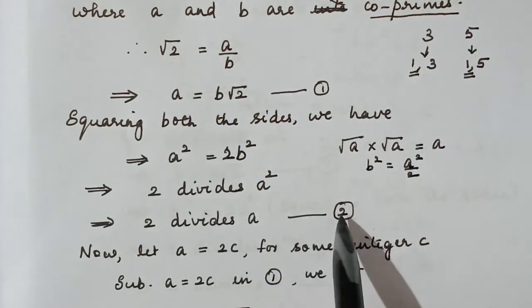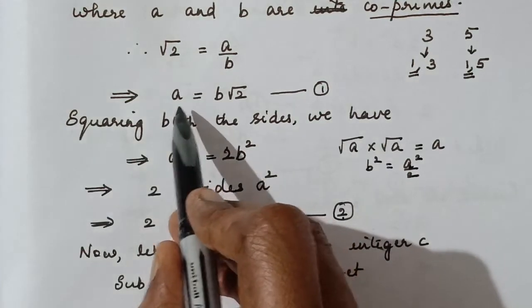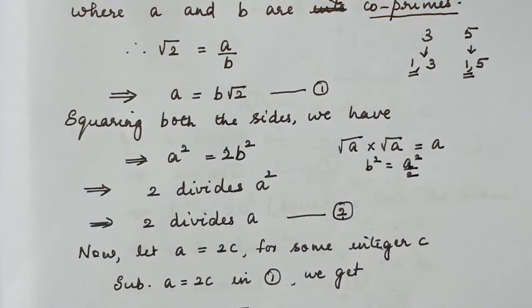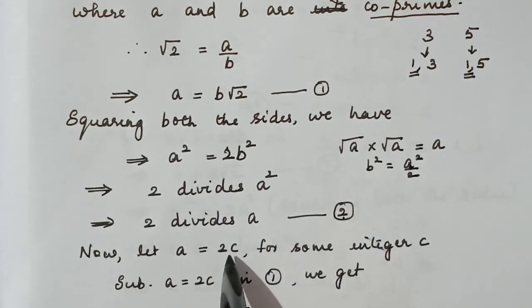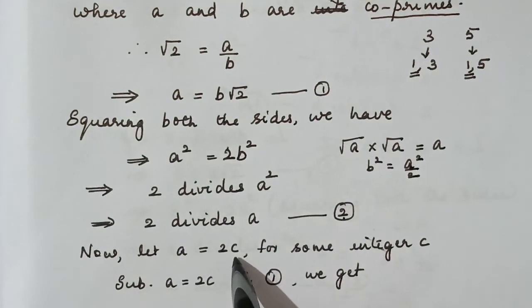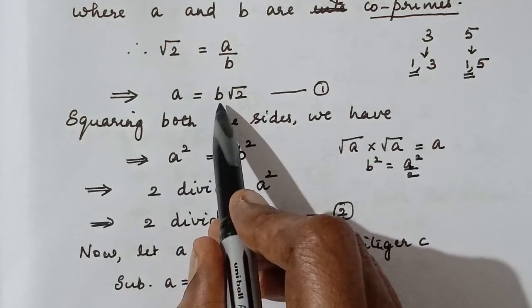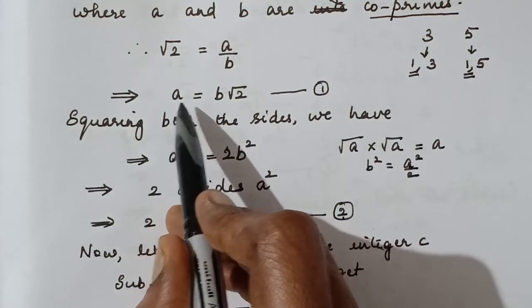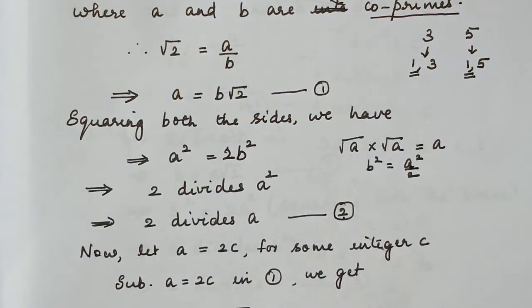Now we are taking this as second equation, and a equal to b root 2 we are taking as first equation. Now after that, let a equal to 2c for some integer c, and we have to substitute a equal to 2c in the first equation. So instead of a, you write it as 2c. 2c equal to b root 2.